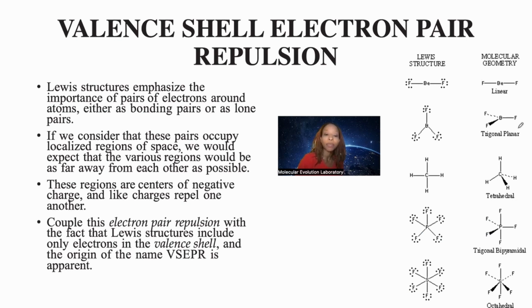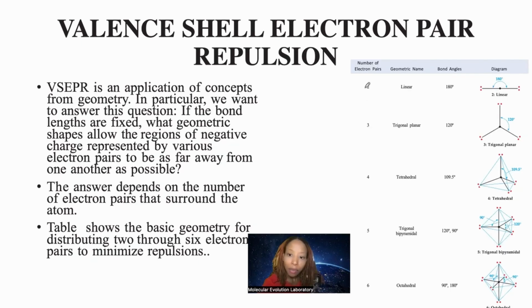Couple this electron pair repulsion with the fact that Lewis structures include only electrons in the valence shell, and the origin of the name valence shell electron pair repulsion is apparent. The electron pairs will determine the molecular geometry. The molecular geometry will basically result in pairs that minimize repulsion of electrons.